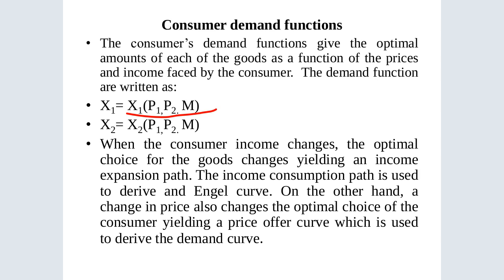So we normally use the price offer curve to derive the demand curve. And the price offer curve simply shows what happens to the quantity demanded when the prices of the commodities change.